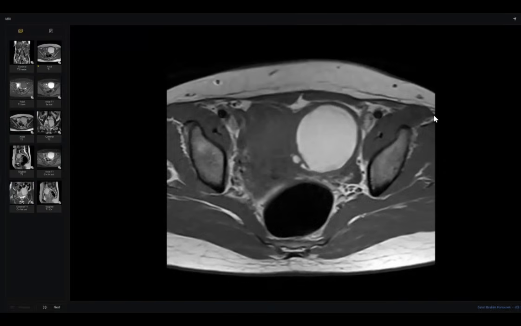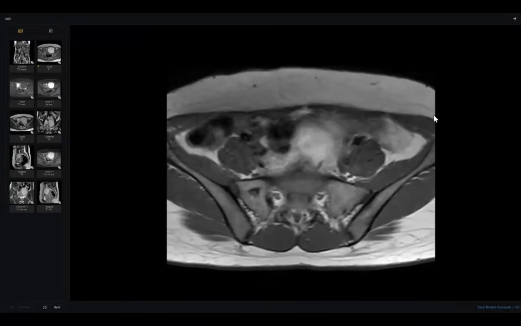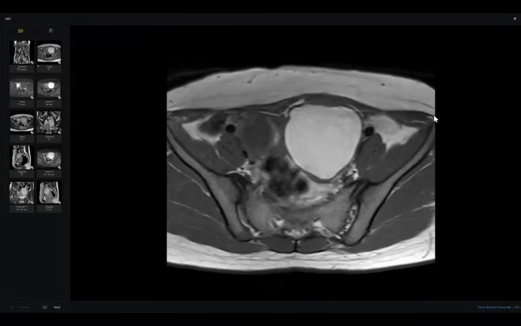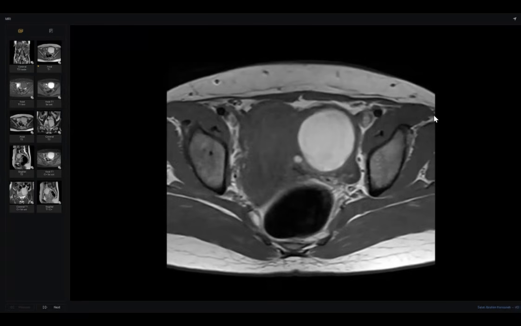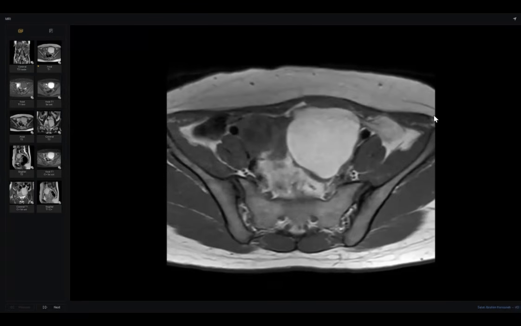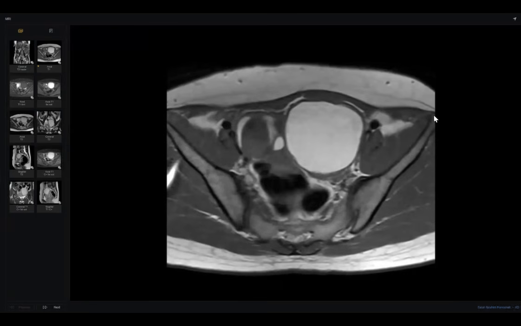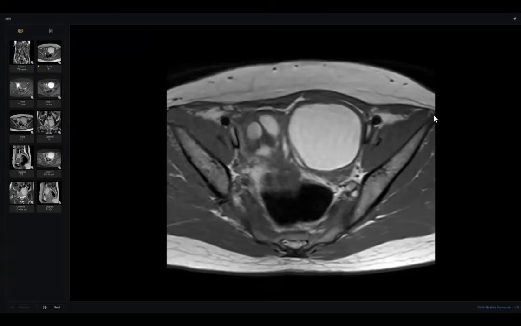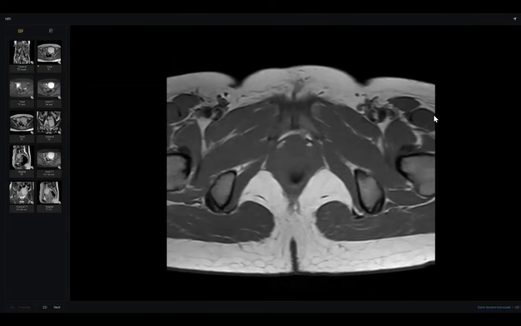On axial T1, I can see a hyperintense lesion in the left adnexa. Another hyperintense multiloculated lesion is also seen in the right adnexa, which has some hypointense and some hyperintense locules. I would like to compare them on T1 fat sat, please.